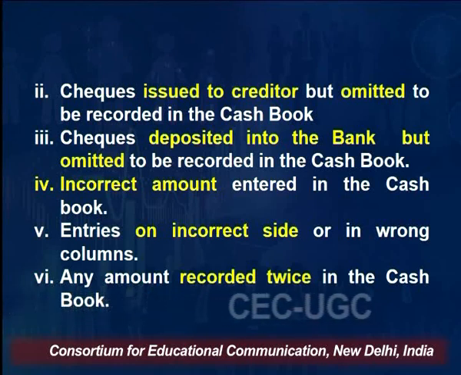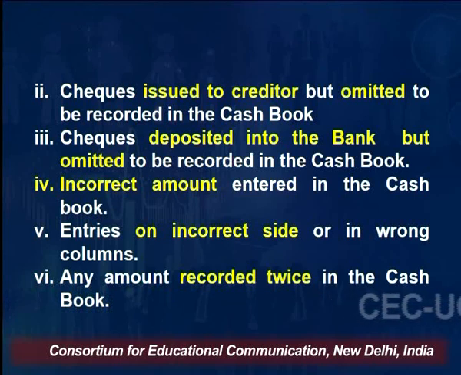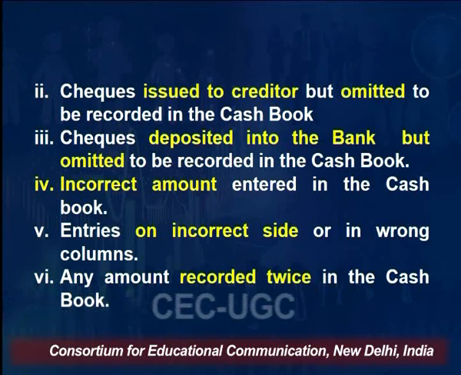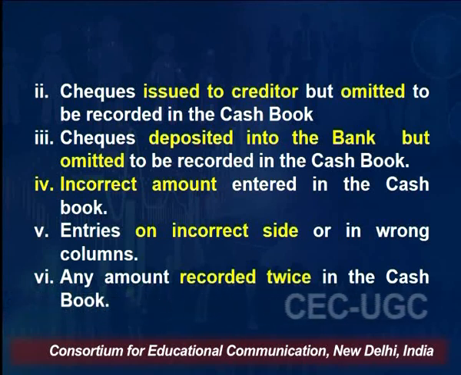Basically all those items which are omitted, or if there is any error in recording that transaction in the cash book, will be recorded in the adjusted cash book.